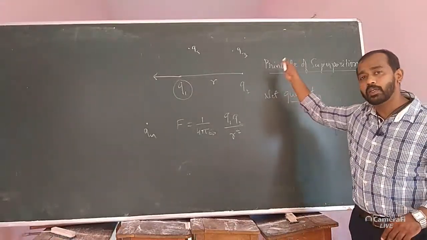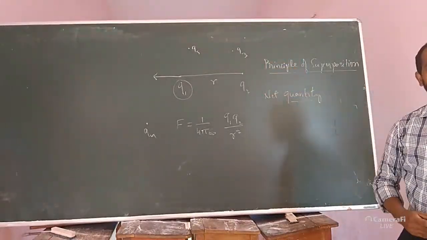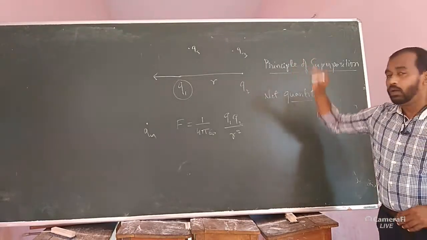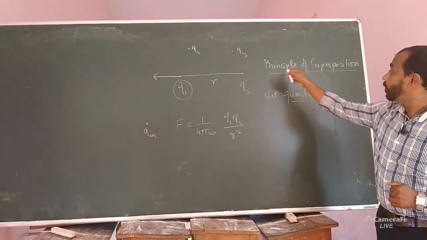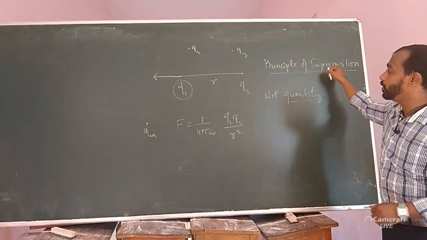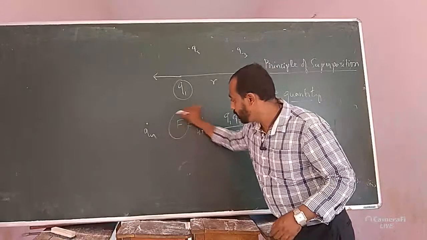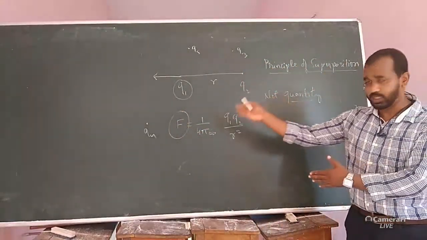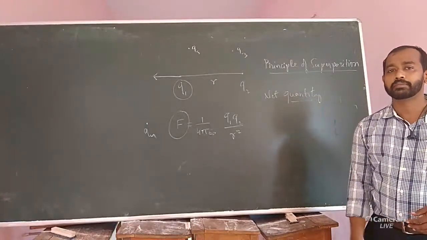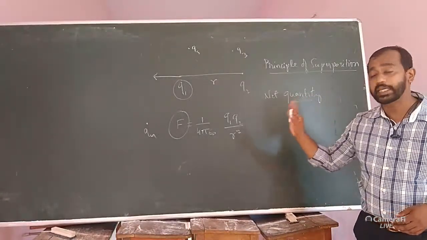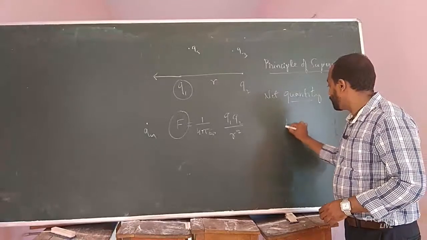The same principle was already used in the previous year while discussing oscillations and waves. But here we are going to use the principle of superposition in the case of force. Electrostatic force is still a force, and force is a vector quantity. So we cannot use simple arithmetic addition here.